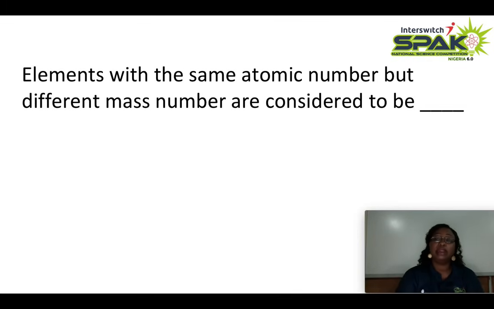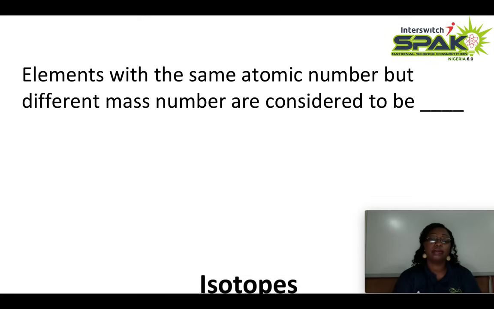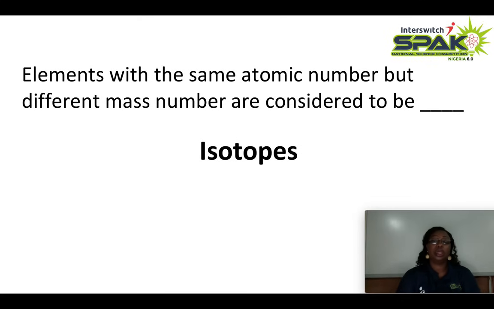Elements with the same atomic number but different mass number are considered to be isotopes.